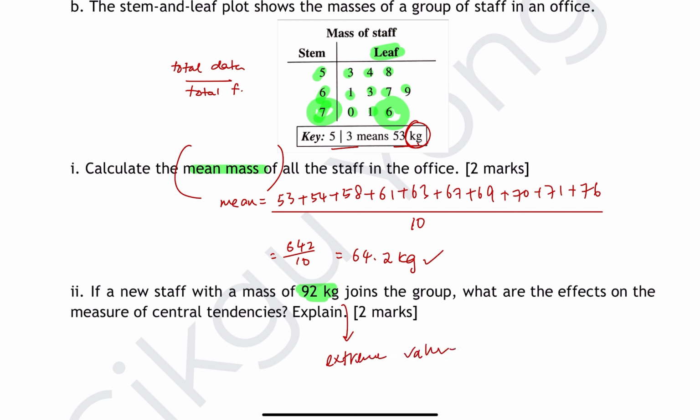So if you have any extreme value existing in your data, your mean will straight away be impacted, right? It will either go up or come down. Okay, since 92 is the bigger extreme value, definitely your mean mass will increase significantly compared to your 64.2.